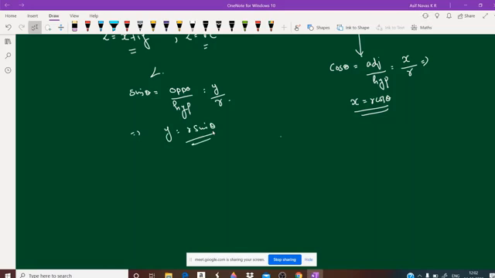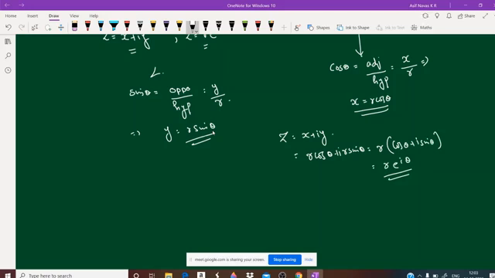So now we can write z equal to x plus iy, with x equal to r cos theta and y equal to r sin theta. This is equal to r into cos theta plus i sin theta, which is equal to r into e power i theta.